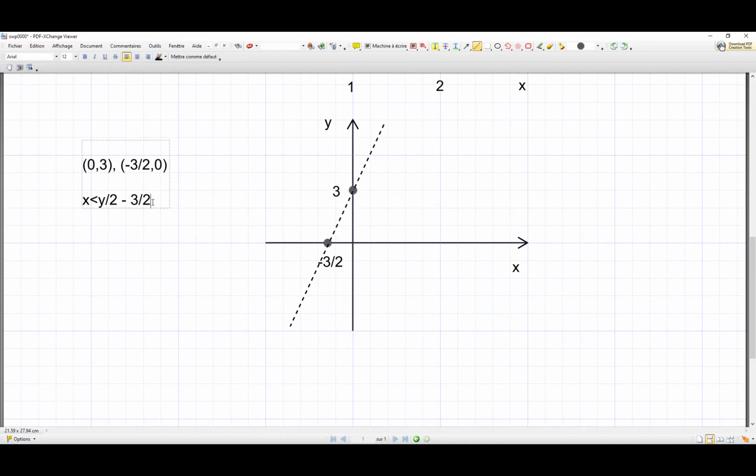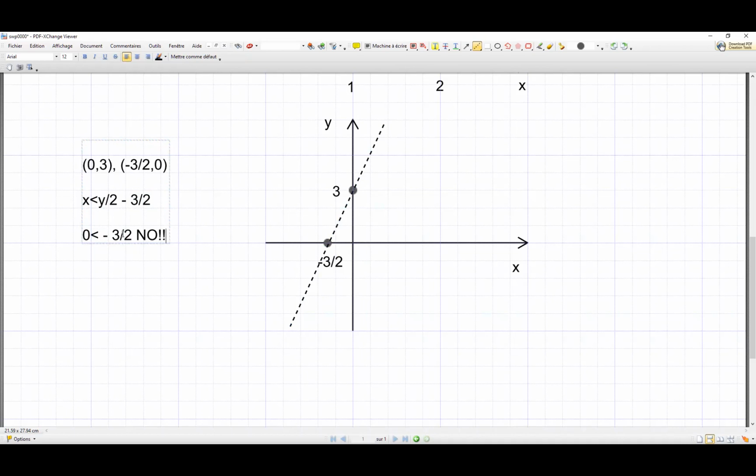If we substitute with 0, 0, we get 0. And is 0 smaller than minus 3/2? Yes or no? No. So we know that 0 is not inside it, so we have made a wrong guess.